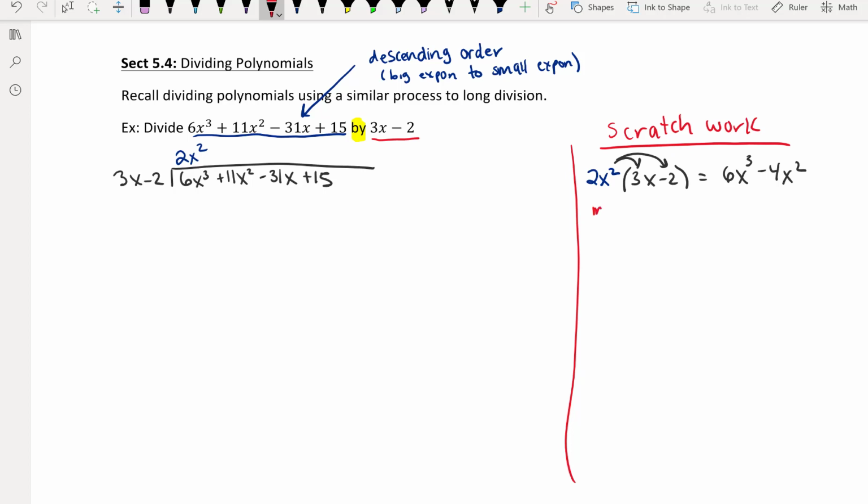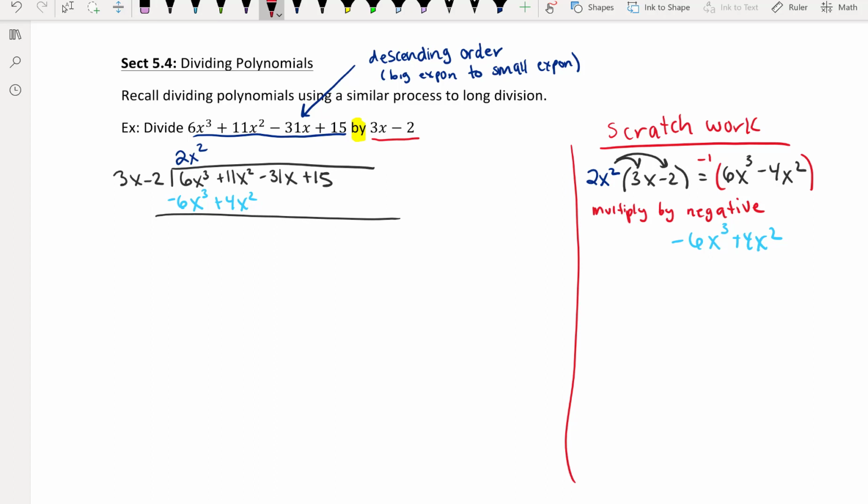So when I multiply this by a negative 1, I end up getting negative 6x cubed plus 4x squared. So I'm going to write that down. Negative 6x cubed plus my 4x squared.